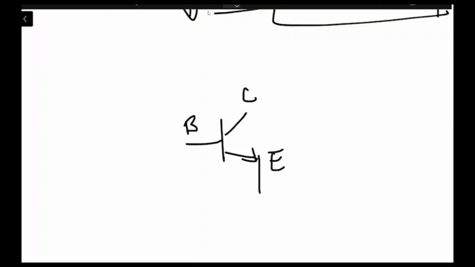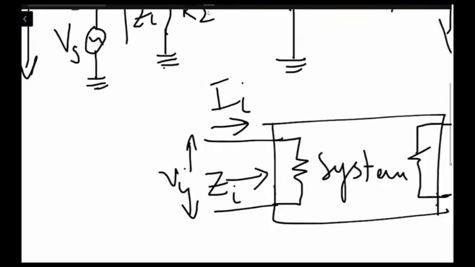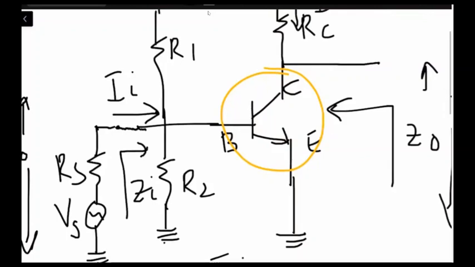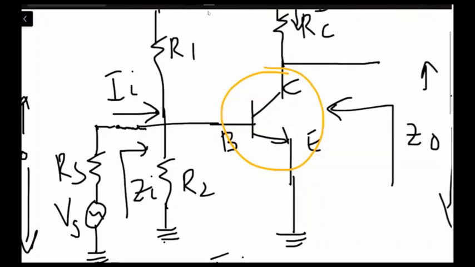At the base, R1 and R2 are connected, and we also have RS and the voltage source connected.